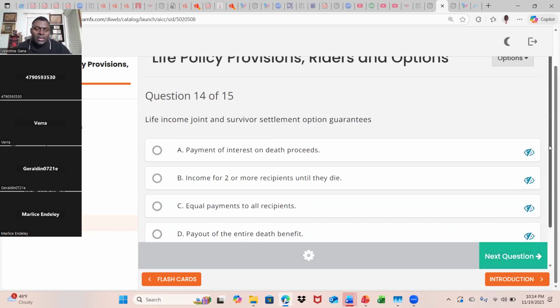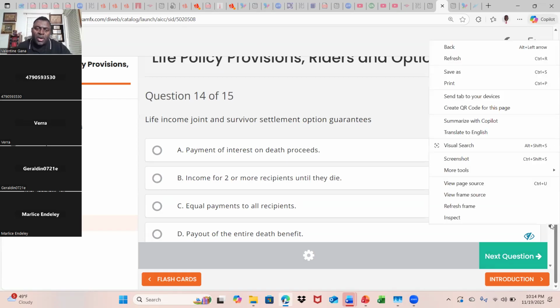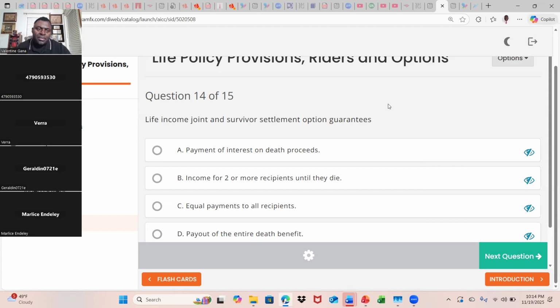One but last one. Adeline, can you read this one for us? Life income joint and survivor settlement option guaranteed. Recipient until death.